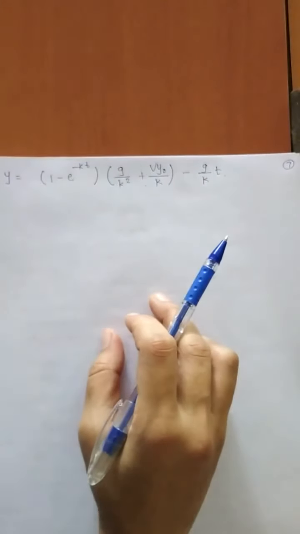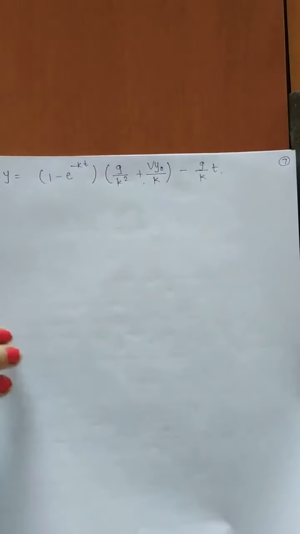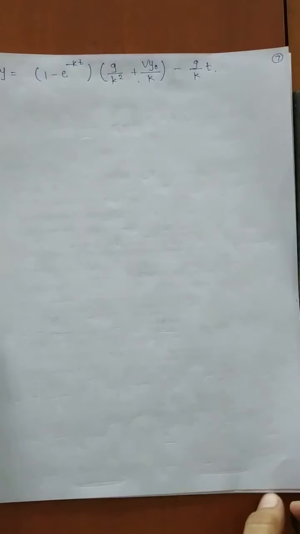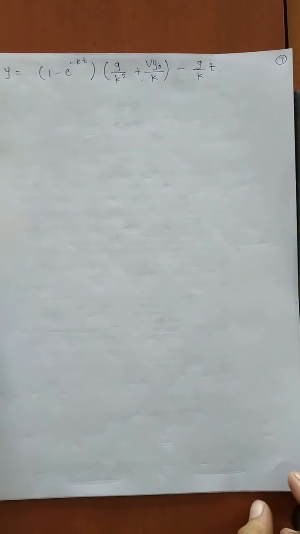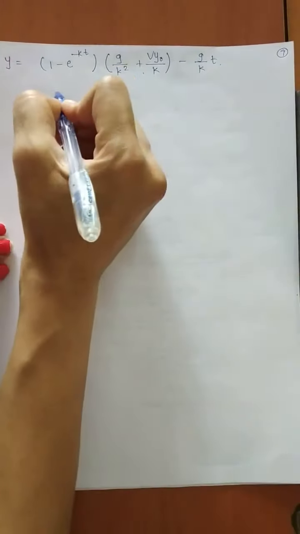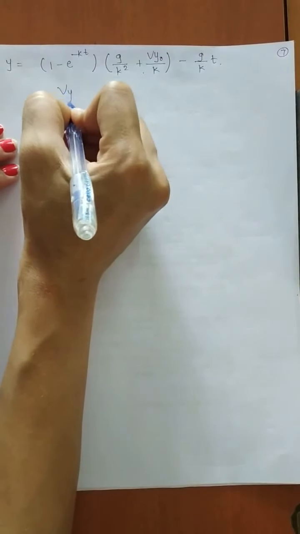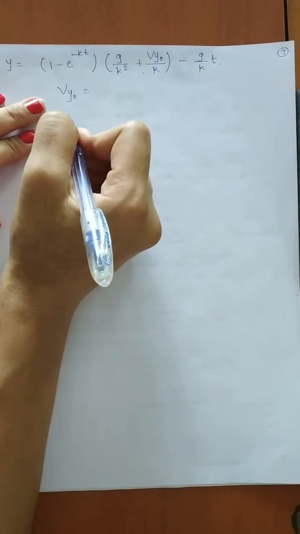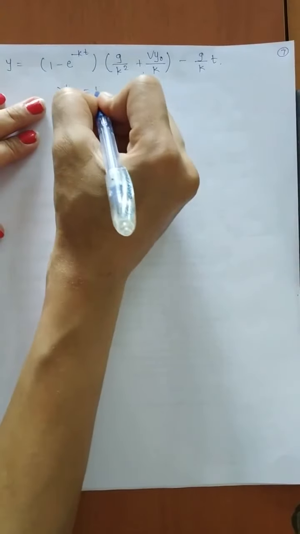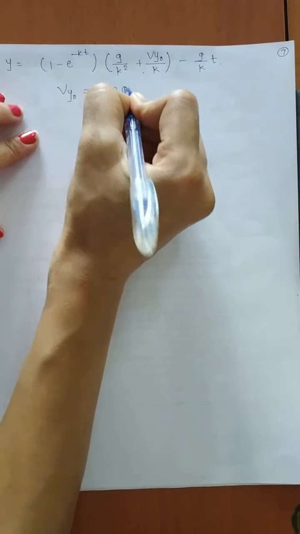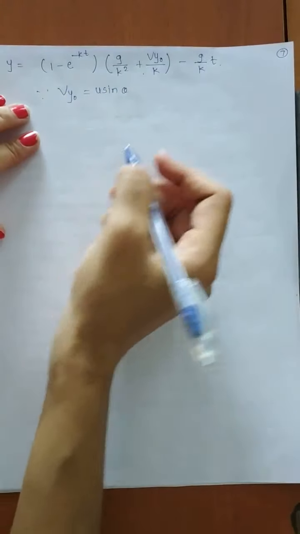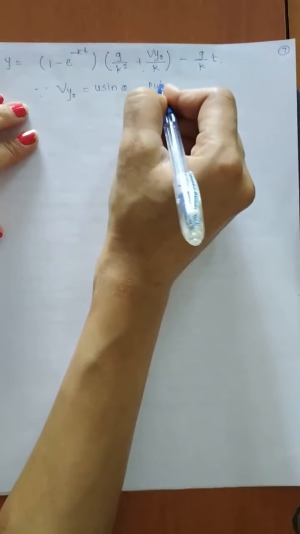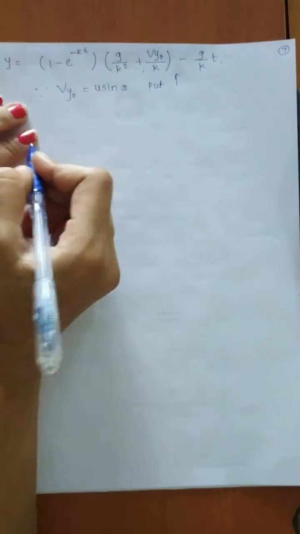In the next step, we are going to substitute the value of Vy naught. So what is the value of Vy naught? In the previous lecture, that is the initial velocity component along the y-axis, which is u sine theta. We know this, right? So put this value in the above equation.